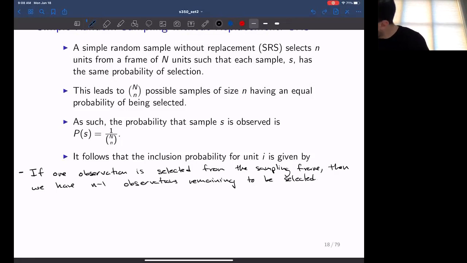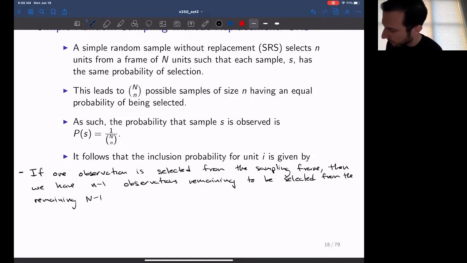Let's just write from the remaining capital N minus 1 observations.